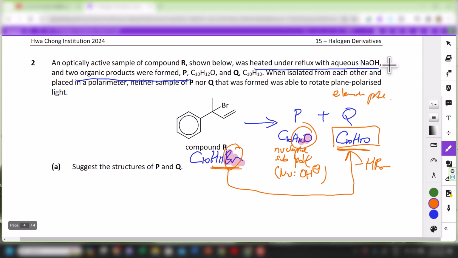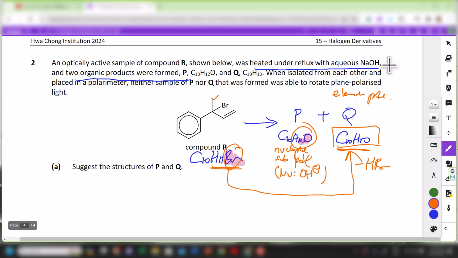If it's an elimination product, what kind of elimination are we looking at? We are looking at elimination of HBr, likely to be conjugated as well, and it needs a beta hydrogen. If you do a quick check, you need a beta carbon, in particular an sp3 hybridized carbon that contains a beta hydrogen.